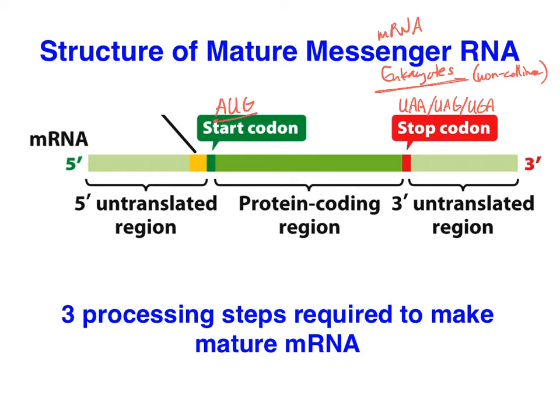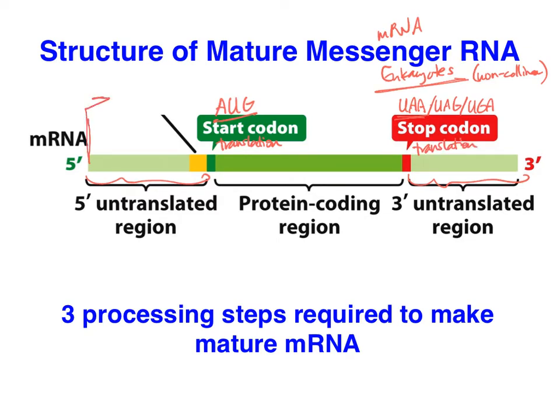And this is often something that you already know to look out for, the start and stop codon. But in fact, the mature mRNA can have regions that are upstream and downstream of the start and stop codons. Because this start refers to the start of translation, and the stop refers to the stop of translation.